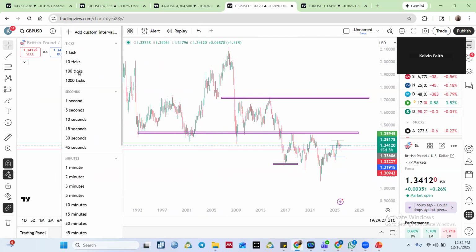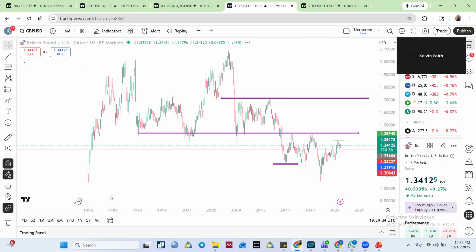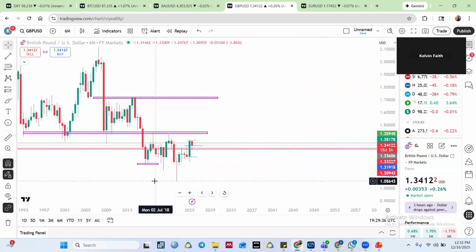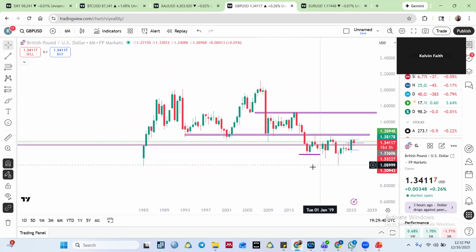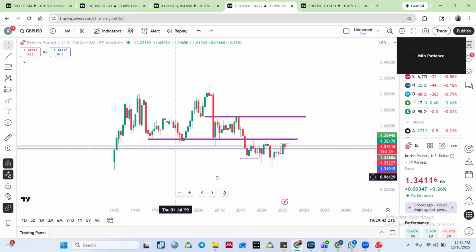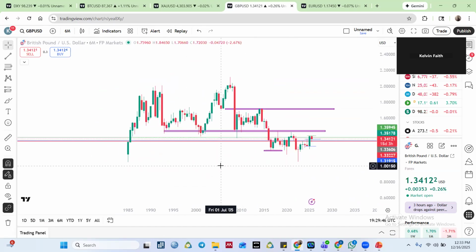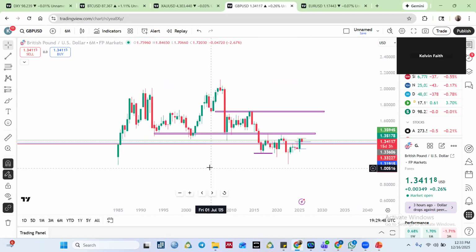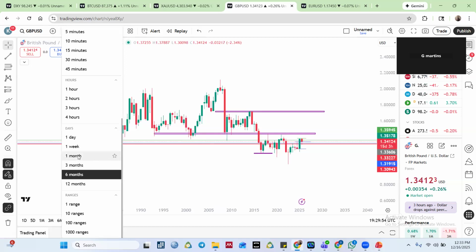Let me leave the monthly and go to the 6 month time frame. Again, who is in domination? The seller. It's a bearish market.